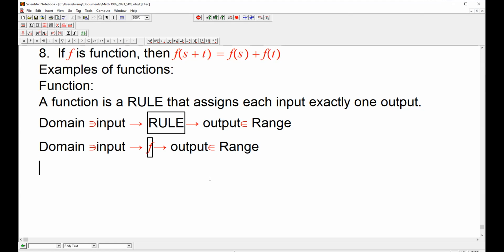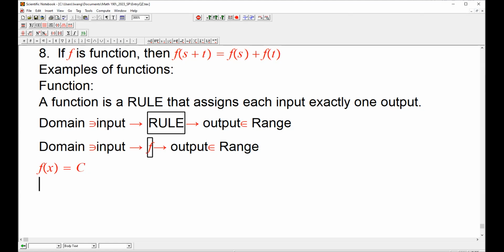What are the functions we have studied? We talk about a function that equals a constant. It means that no matter what the input is, the output is always the same, constant.